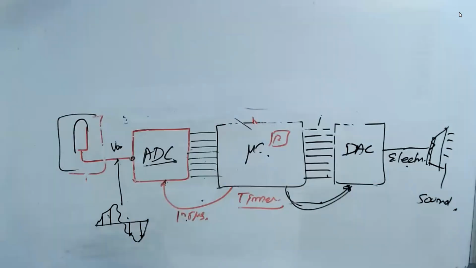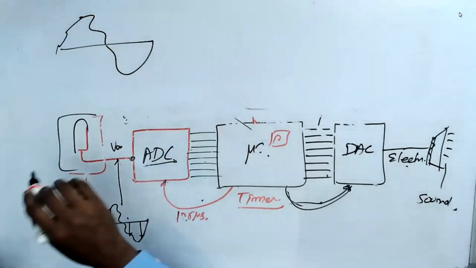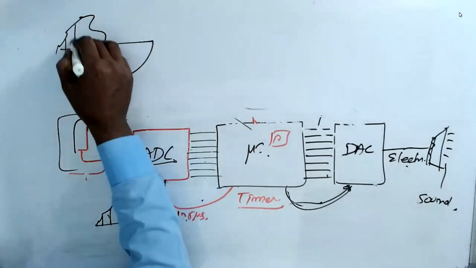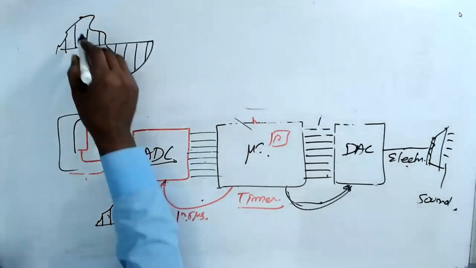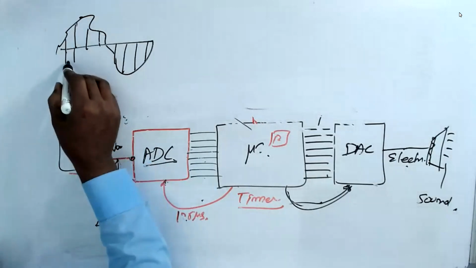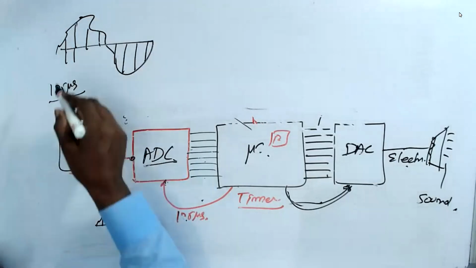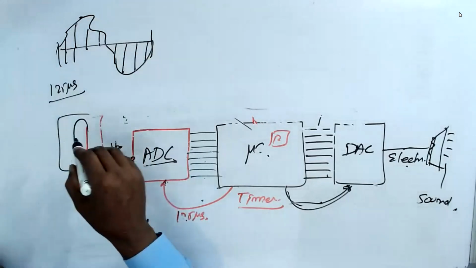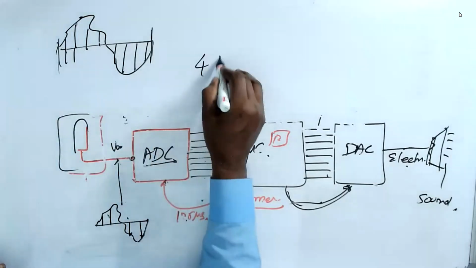Before I start explaining about analog, somebody has asked, can we reduce the rate to 2? Perfectly right. You have the audio. You can sample at any rate. If you do more, let's say instead of 125 microsecond, instead of 2 samples, you know that your voice is 4 kilohertz.